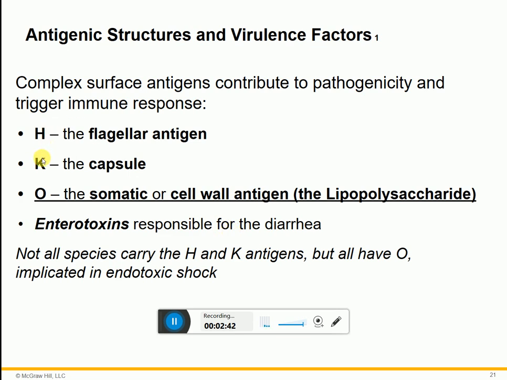Now, the H and K antigens are not found on all of the species, but they absolutely all have that O antigen. That's why it's underlined. And the O antigen can lead to endotoxic shock. Remember, the O antigen is the lipopolysaccharide that is found in these gram-negative bacteria.